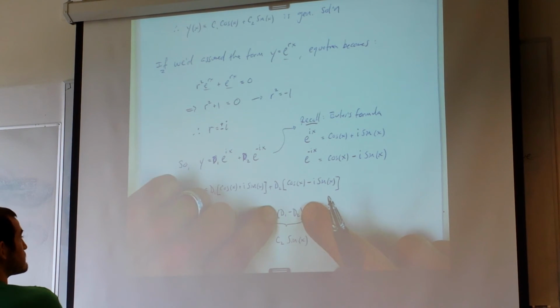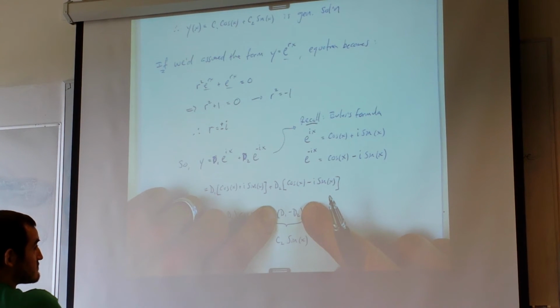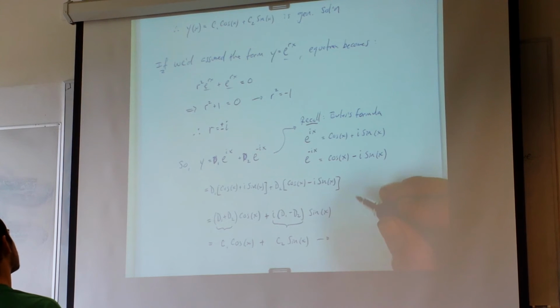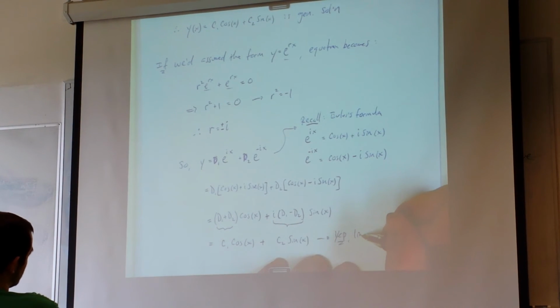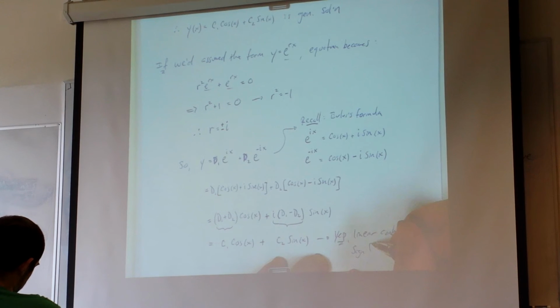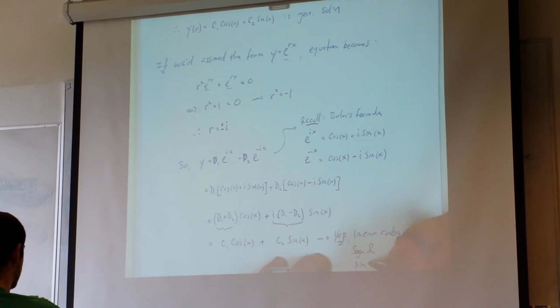So they'll involve i's. So the idea is that yep, we get a linear combination of sine and cosine.